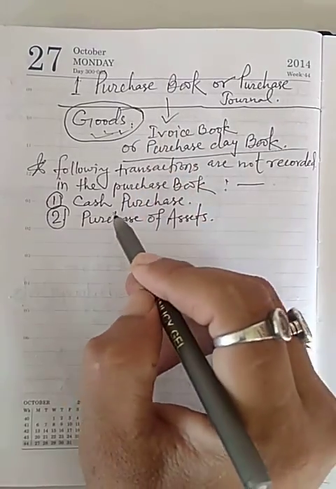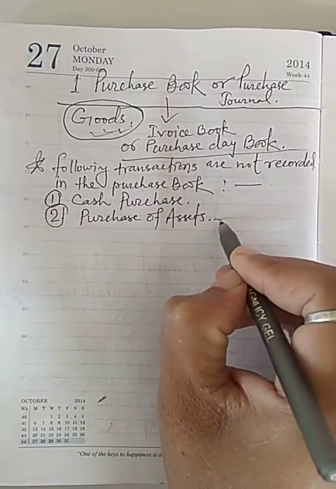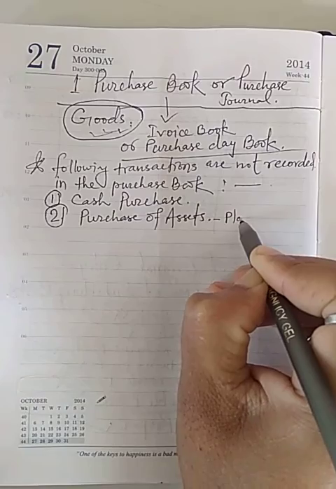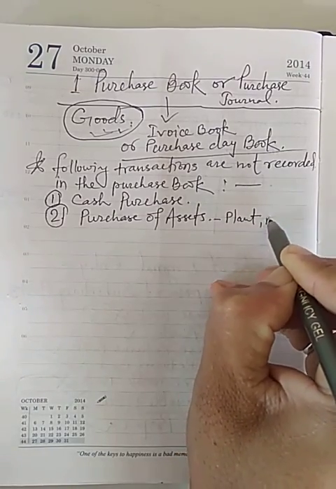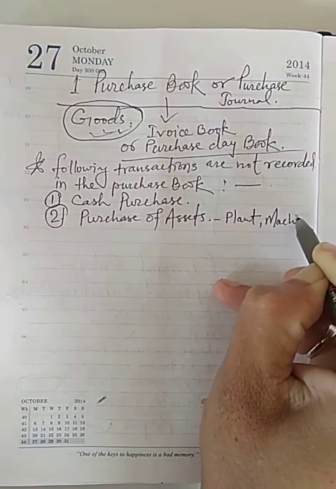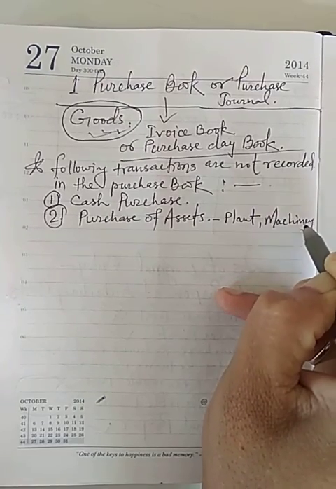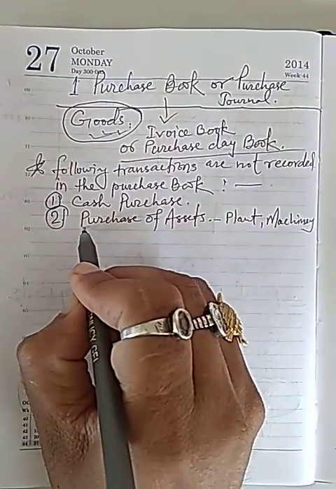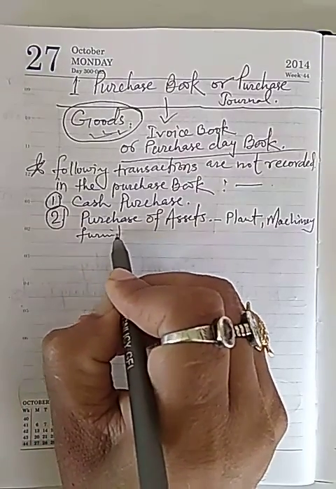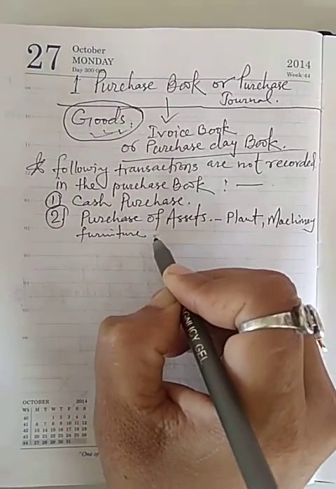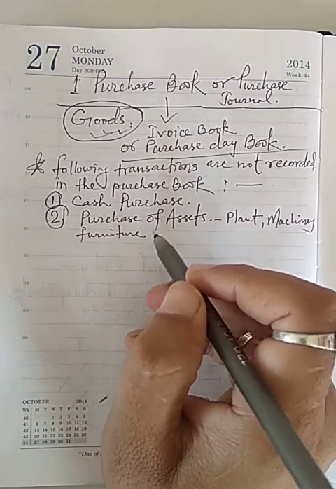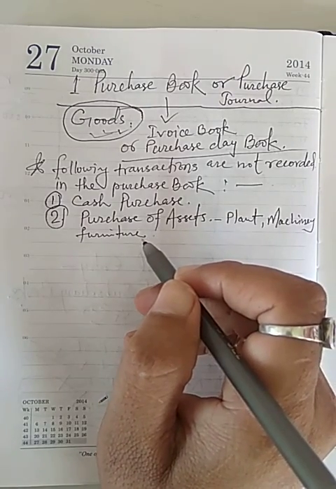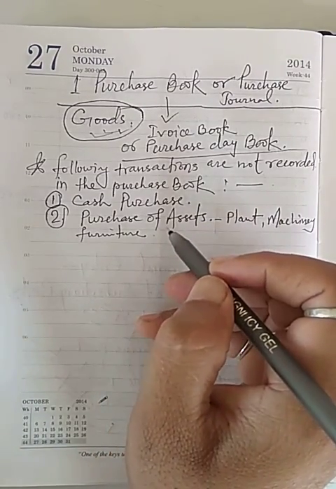Purchase of assets such as plant, machinery, furniture, typewriter, etc. are not recorded in the purchase book.